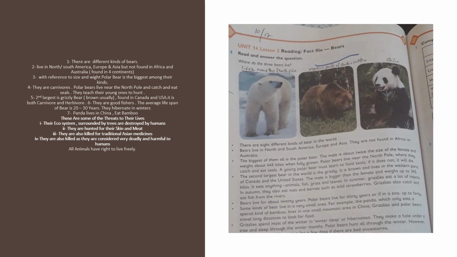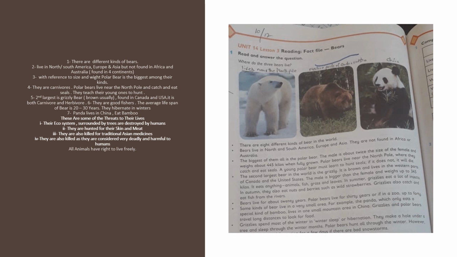So what are some of the reasons? Forests where the bears live are cut down, so their natural habitat is destroyed by man. When their ecosystem is affected by human habitation, they leave the places and they leave the wilderness.